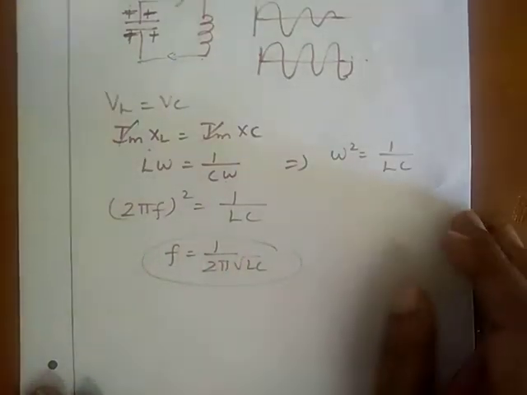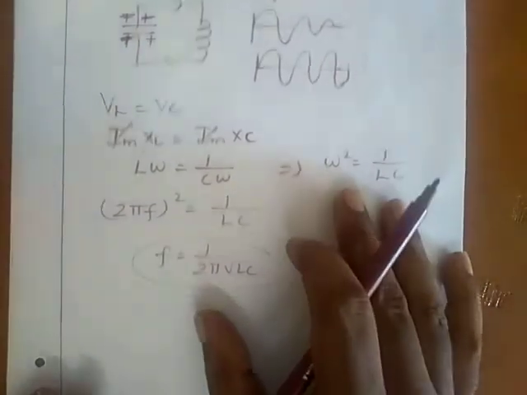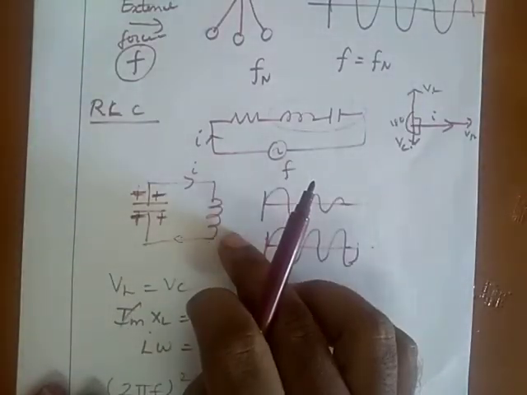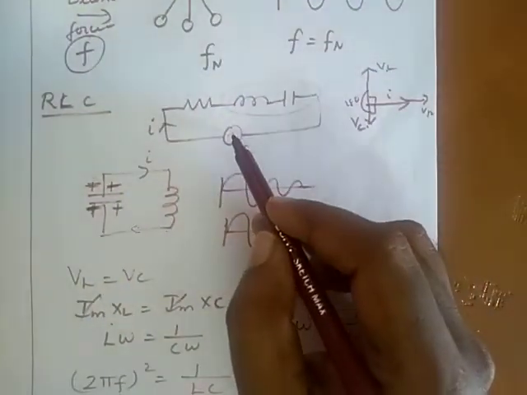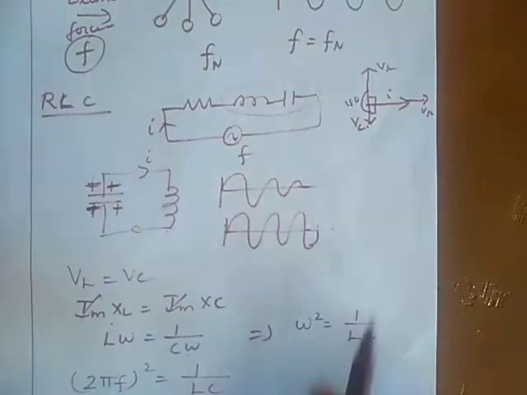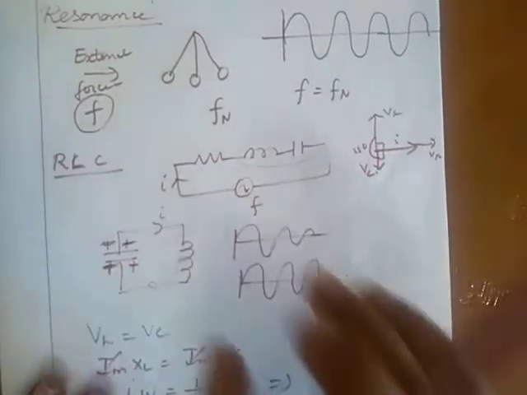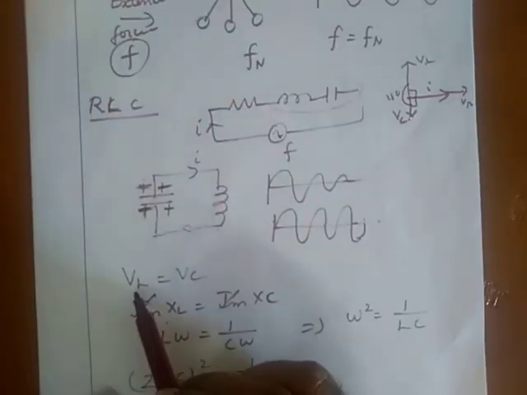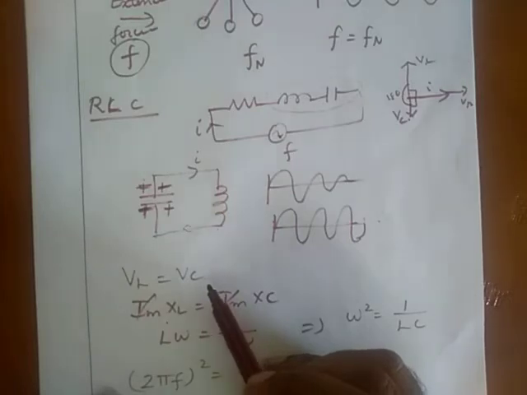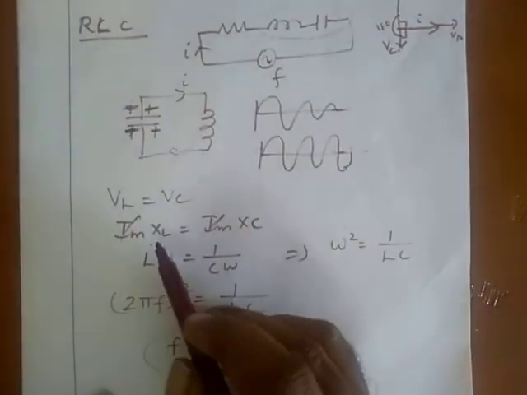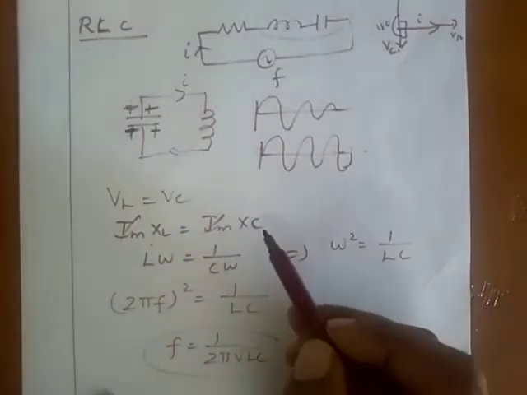This is the frequency attained by the LC oscillator. If the applied frequency is equal to this frequency, that means the natural frequency, then we can see resonance. At resonance, the voltage across L is equal to the voltage across the capacitor, and also XL is equal to XC.